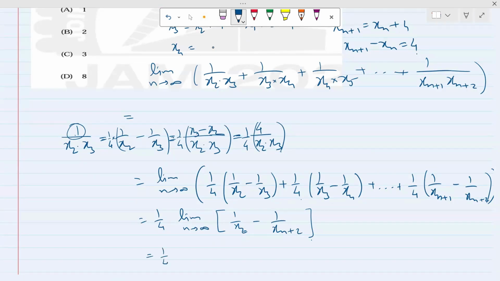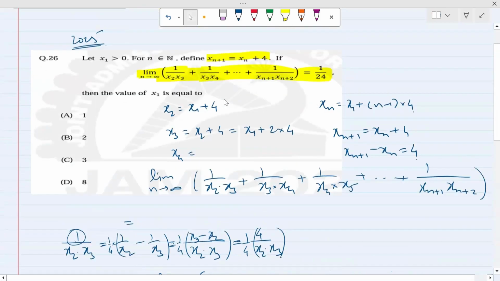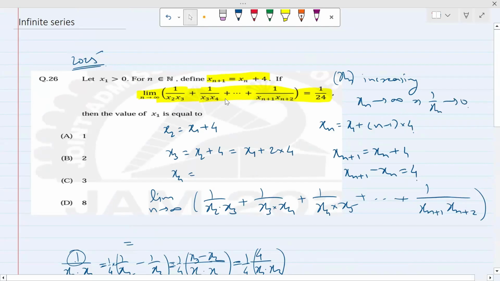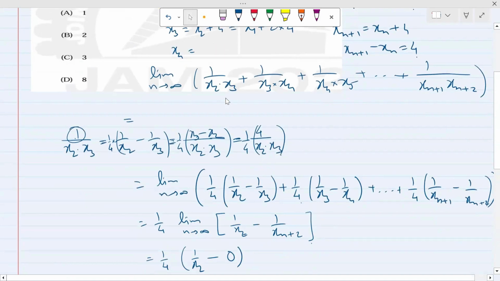So this is nothing but 1 by x2. And what is the limit of 1 by x_{n+2}? It is 0. Very good. You have to observe why: because the sequence is increasing and it goes to infinity, so 1 by xn tends to 0 as n tends to infinity.